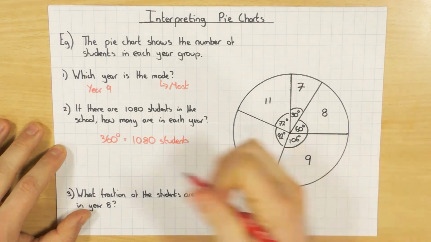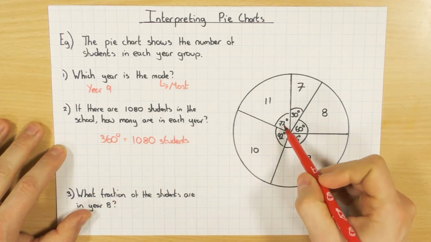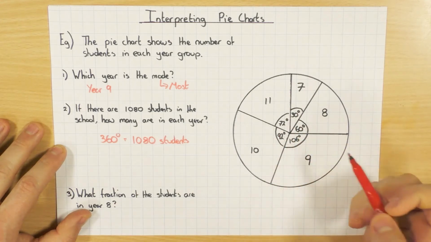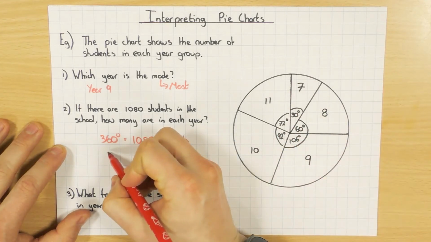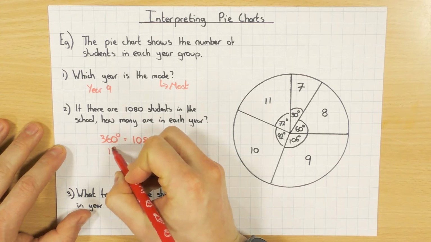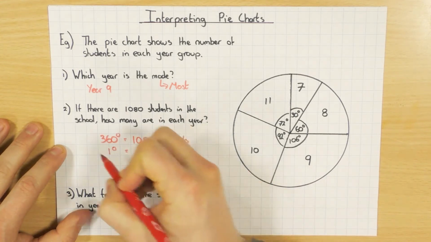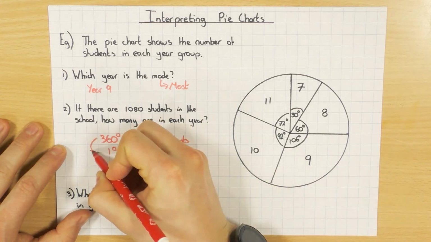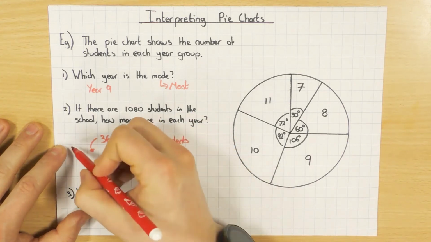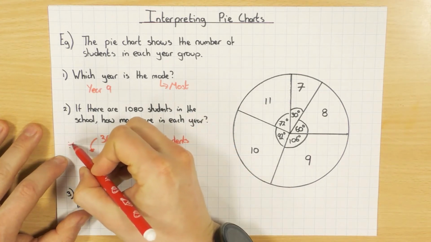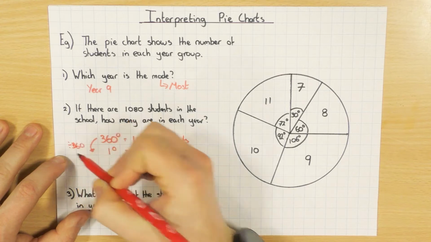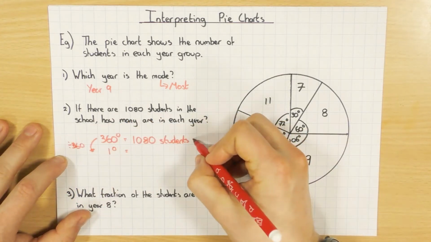So what I need to know is what 1 degree is worth, so I can calculate all these year groups. So it's a little bit of unitary method. If I divide 360 degrees by 360, I have 1 degree.